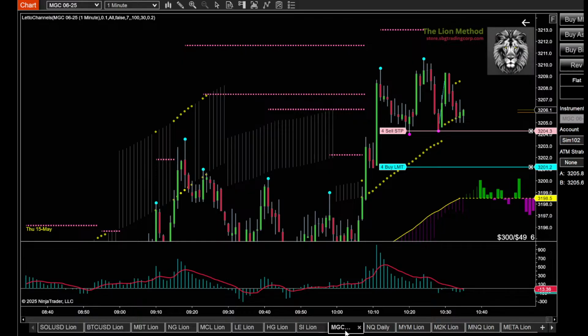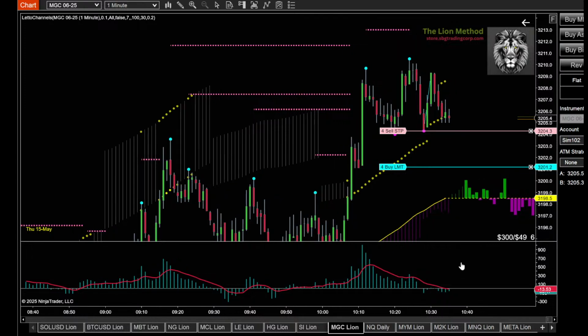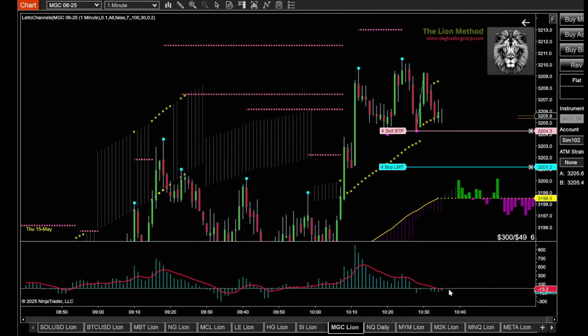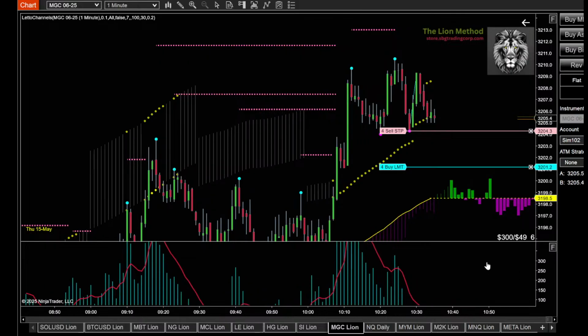Yeah, I'm just not seeing much action in gold right now. It's found a little support. Delta seems to be a little sideways here.